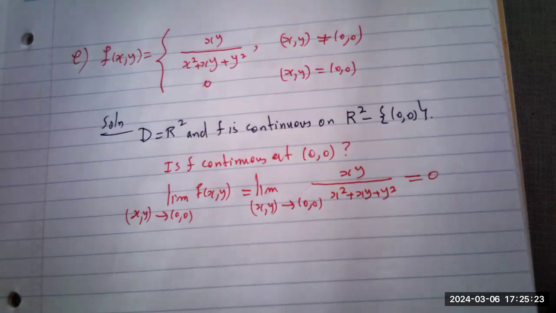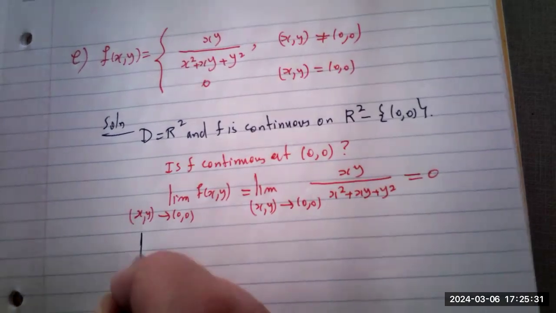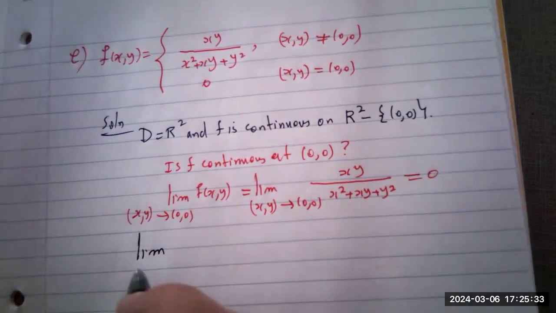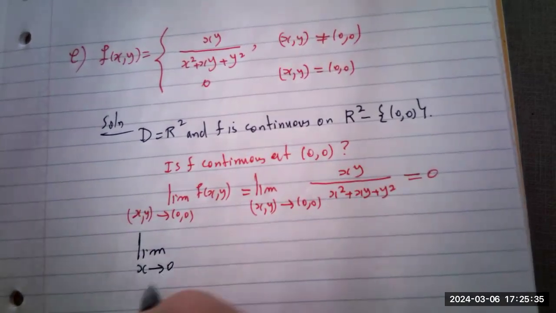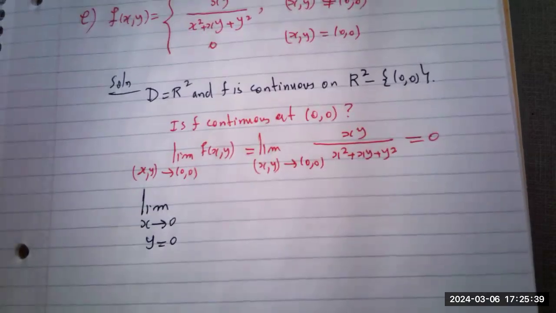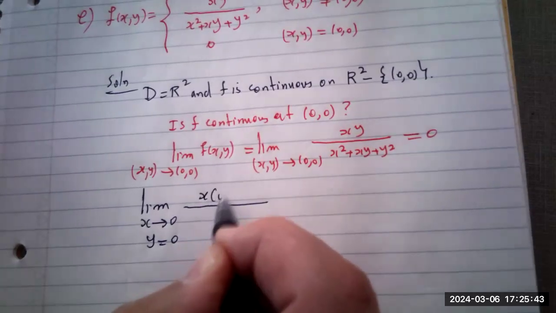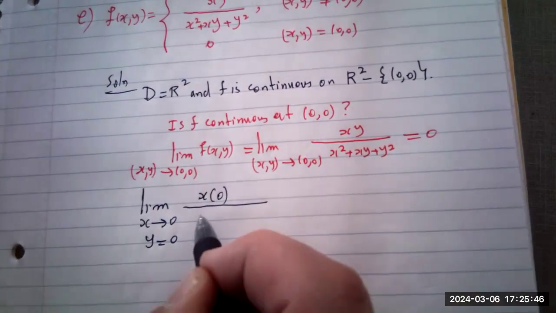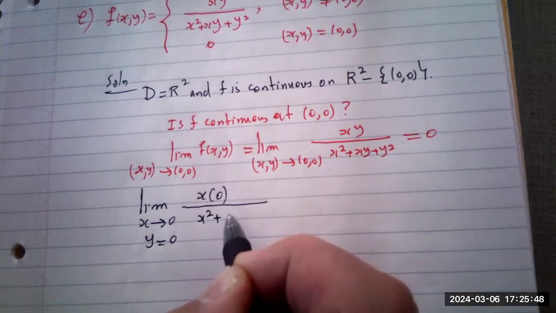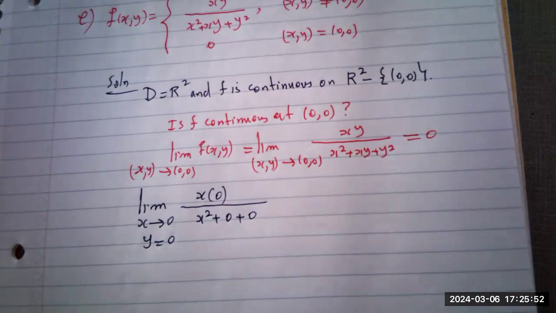So we have to pick the direction. The first direction is clear: we put y equal to 0 to prove it. So first direction, x goes to 0, fix y equal to 0. That should give you 0, which is the case. It's going to be x times 0 on top, you get x squared on the bottom.